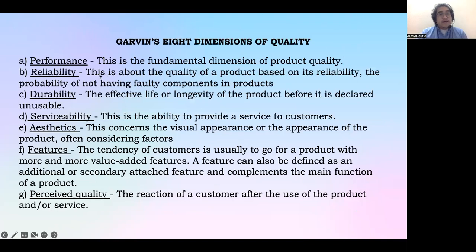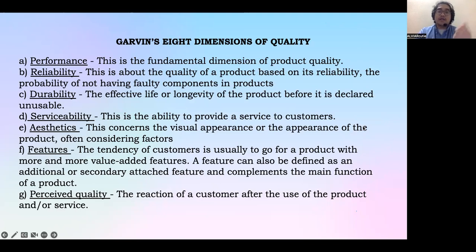Number 1 is performance. Siyempre, kailangan natin ng performance para may quality. This is the fundamental dimension of product quality. So, wala tayong makukuhang product pag hindi tayo nag-perform or walang performance na ginawa. Yun yung sinasabi ng fundamental dimension. So next, reliability.